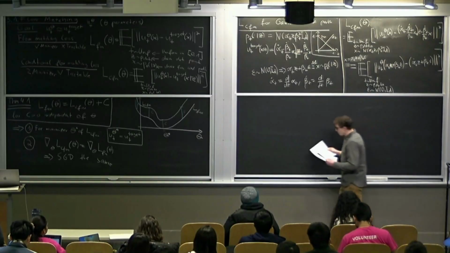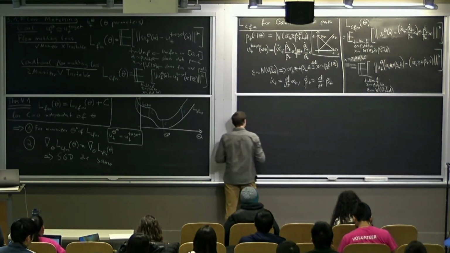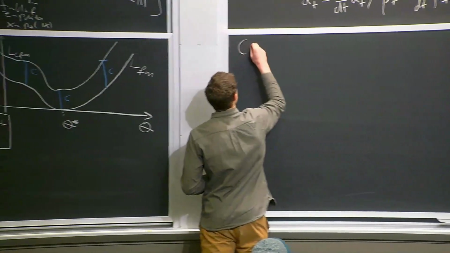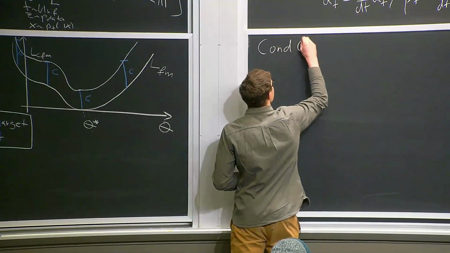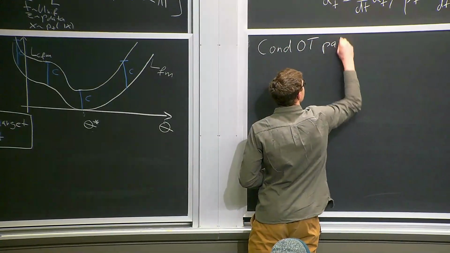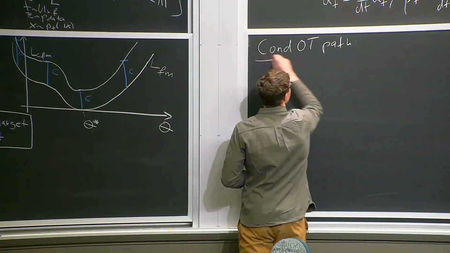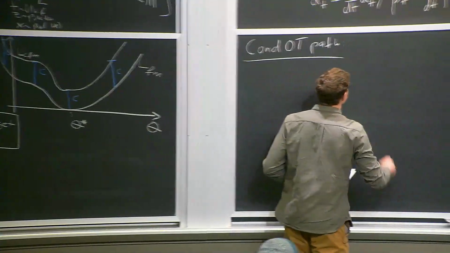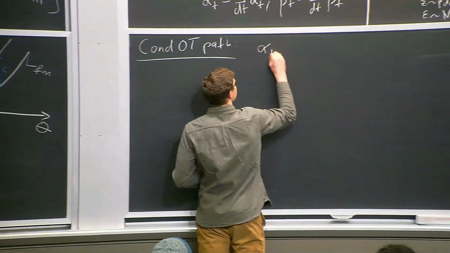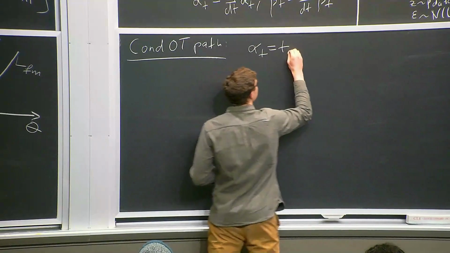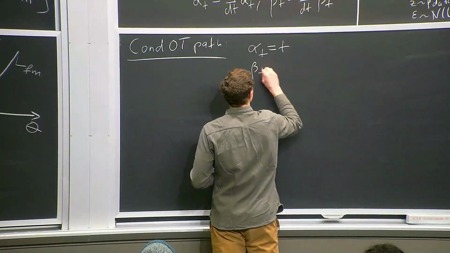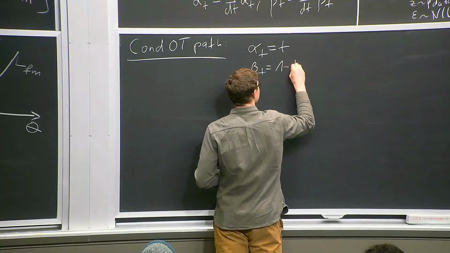And to make this even more concrete, let's choose a specific instance of alpha t and beta t. What's the simplest instance? Alpha t is t, beta t is 1 minus t.